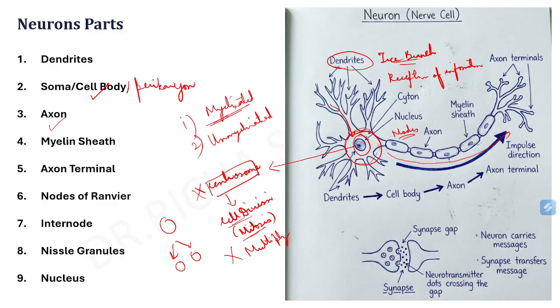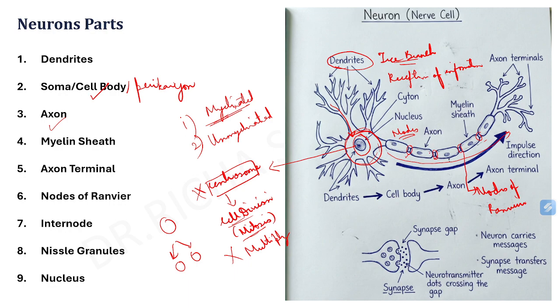But there are certain places in a neuron which are exposed and do not have the myelin sheath covered around them. As you can see here, in the other parts of the neuron, the axon is well covered with myelin sheath. But there are some places in the neuron where the axon is exposed or open. These are known as the nodes of Ranvier.